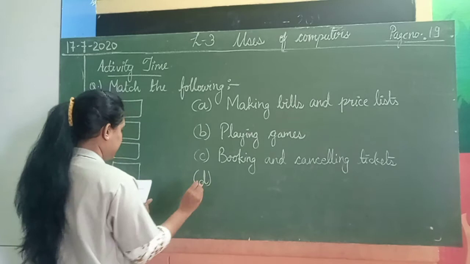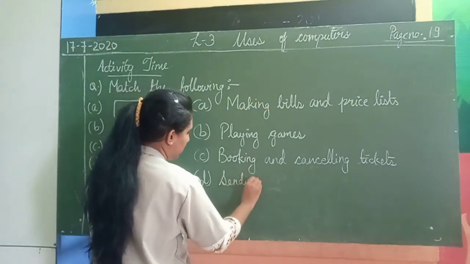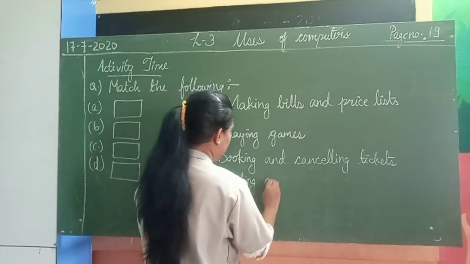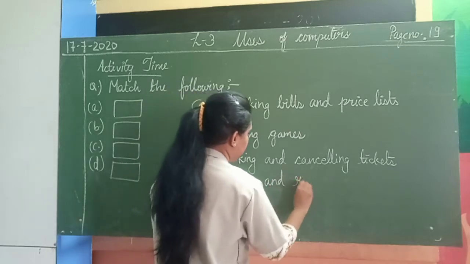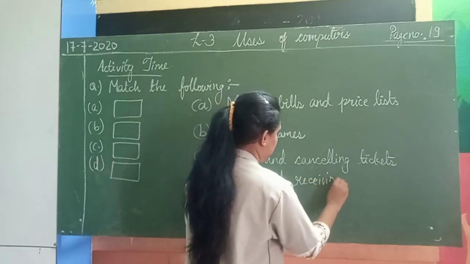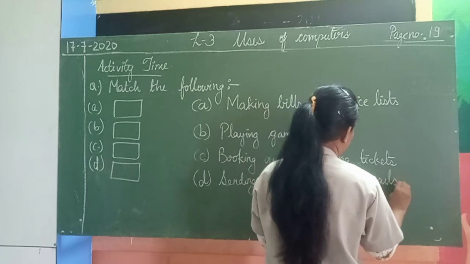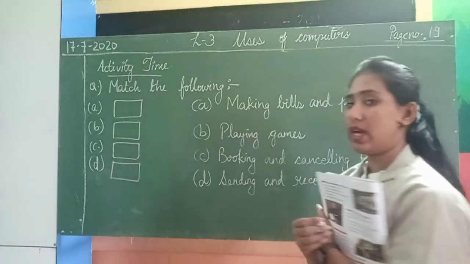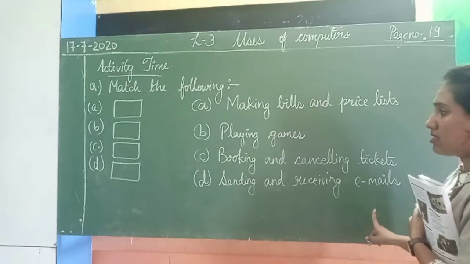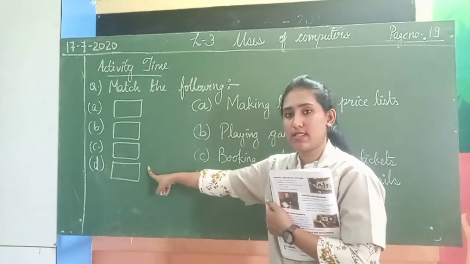Option D, sending and receiving emails. Okay, so these are the four options and these we suppose as our pictures.